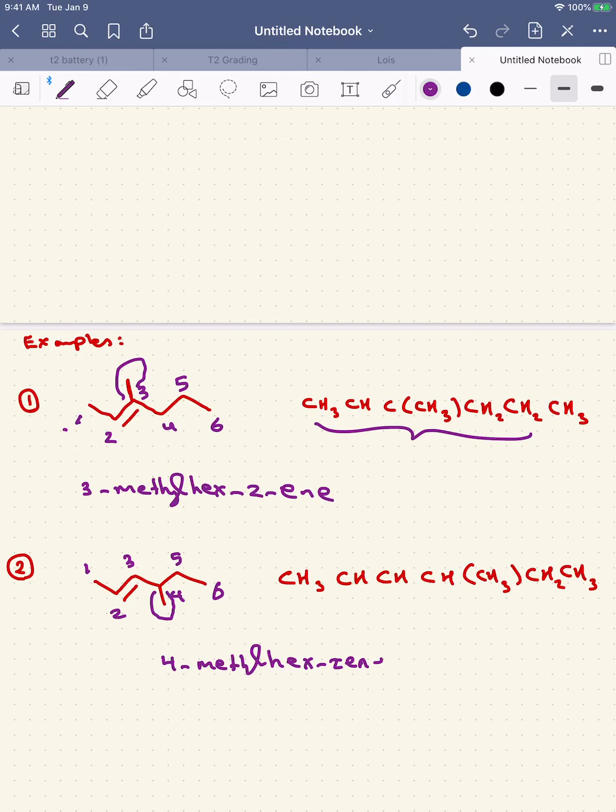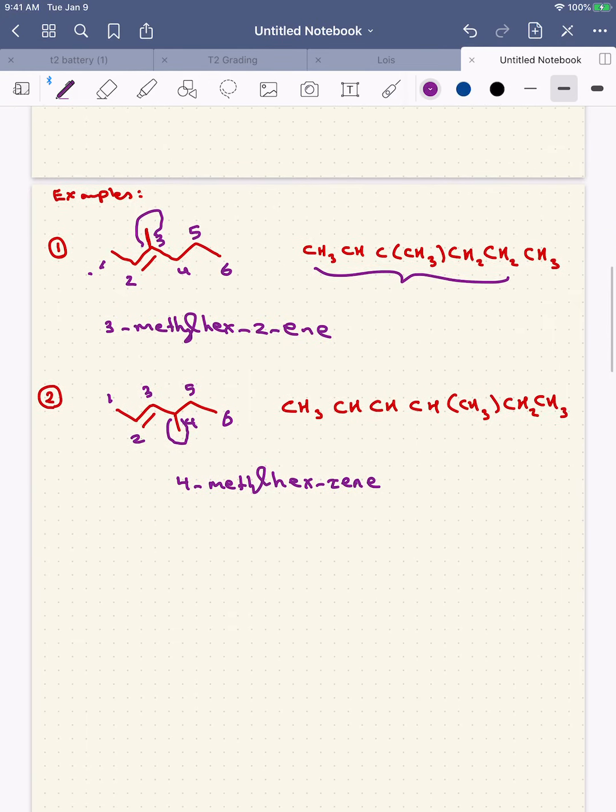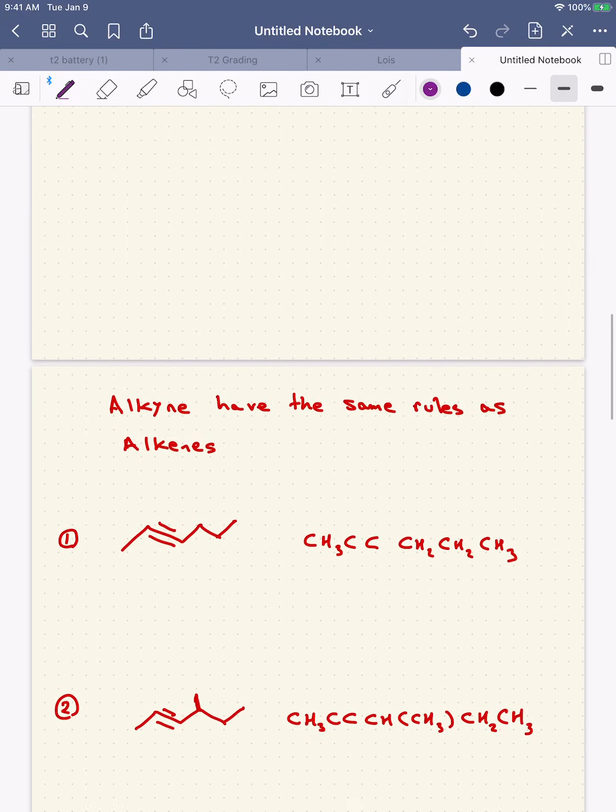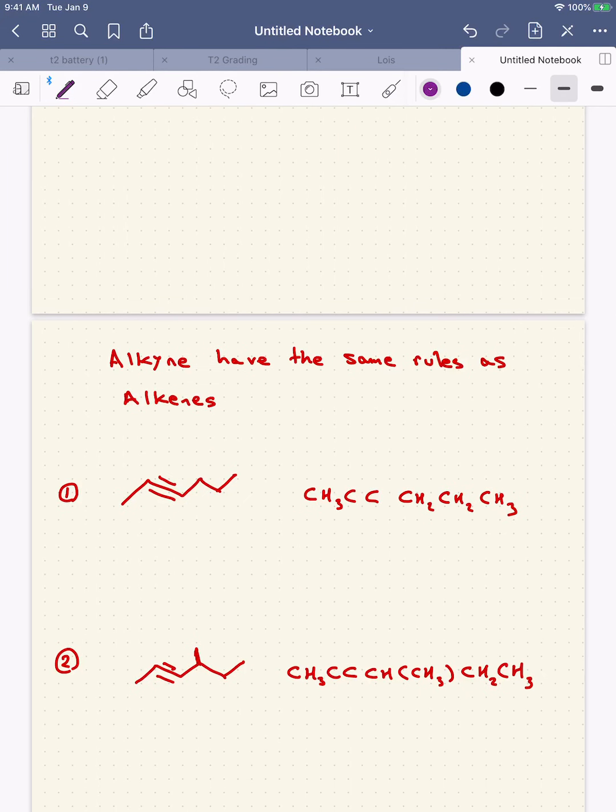There's a dash here. Now to have one or two examples of alkynes, they follow the same rule as alkenes. If you have an alkyne like this, I know I'm going to number this carbon 1 because it's closest to the triple bond, then 2, 3, 4, 5, 6. The structure is spelled out like this.